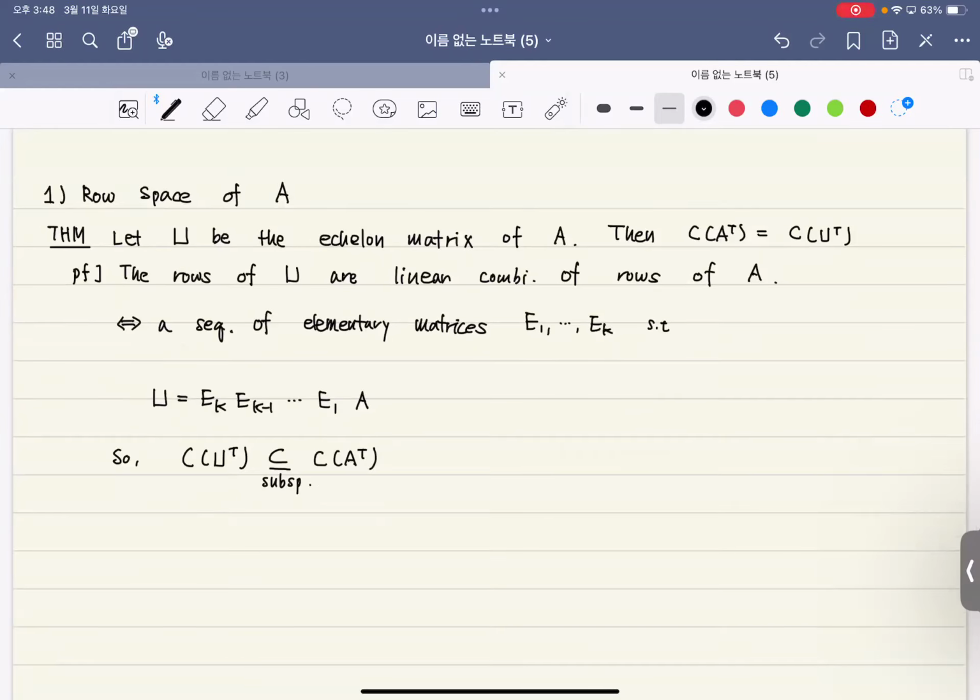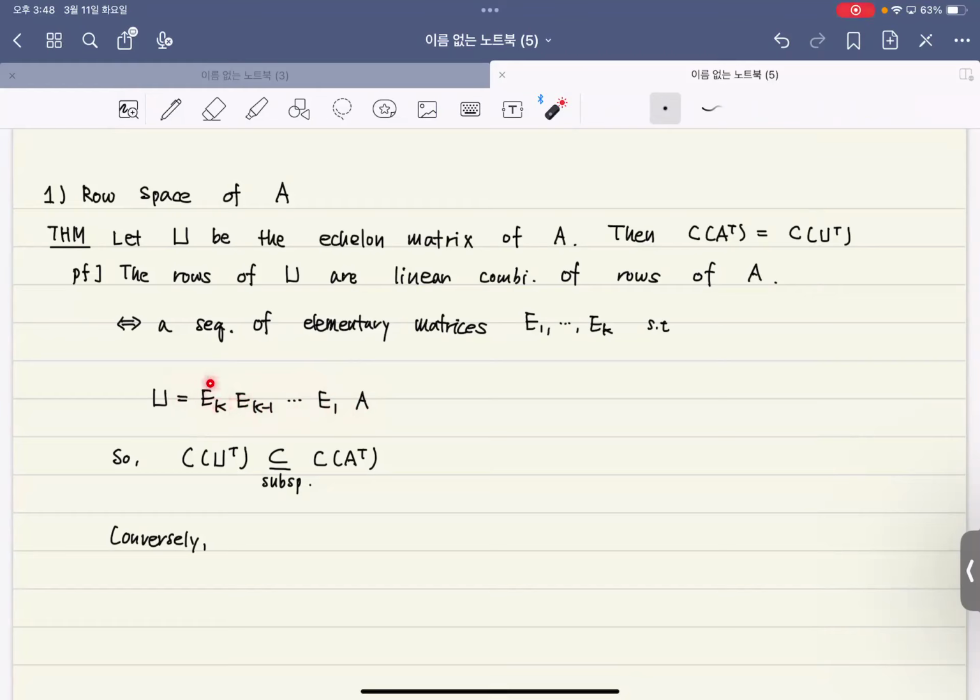And for the other side of inclusion, I will begin from this equation. As you know, each of these elementary matrices must be an n by n square matrix, and they are all lower triangular matrices with diagonals all ones.